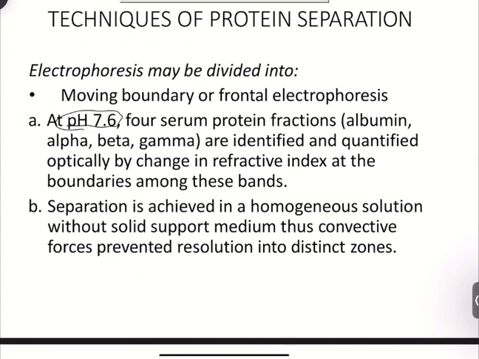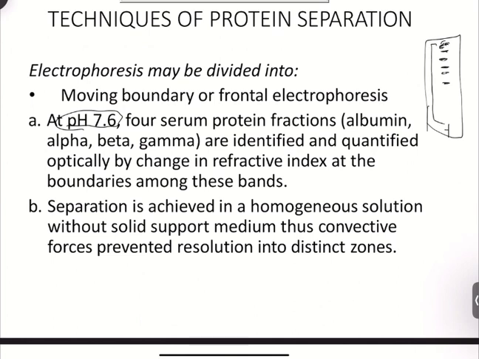So, at the boundary of the bands that you see. If ever you see a result of electrophoresis, for example, there are bands there. This is the positive, this is the negative. Okay? They say the pre-albumin band is really faint, then the albumin follows, and so on and so forth.